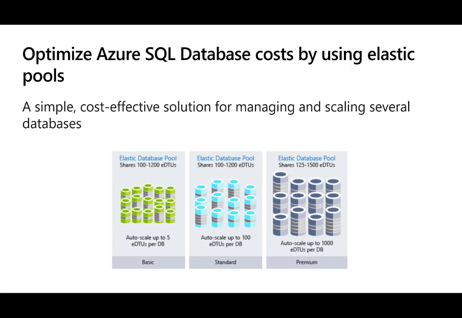The following illustration shows the capabilities of the 3 types of elastic database pools that we have today: the basic, the standard, and the premium. And they can all be auto-scaled up to different limits of eDTU per database. Elastic pools are a great way to spread costs across multiple databases. They can make a significant impact on reducing your Azure SQL database costs.